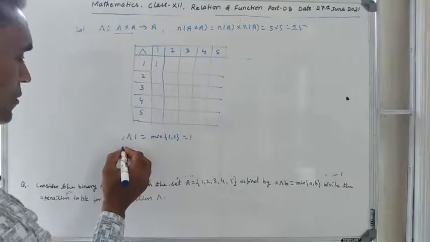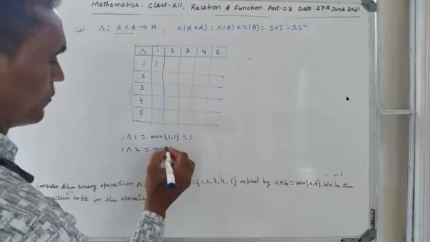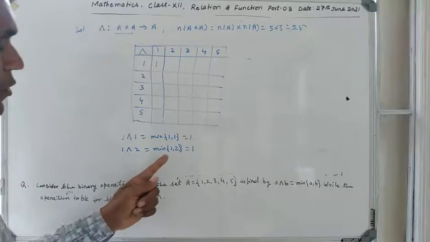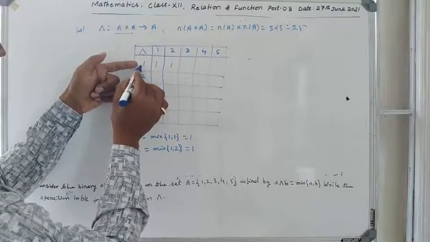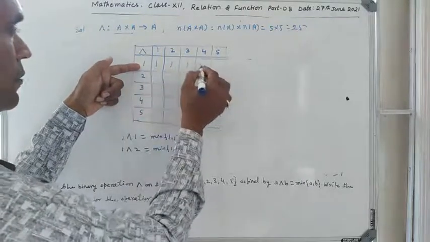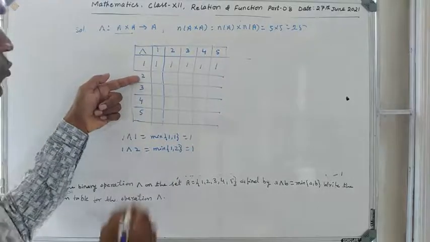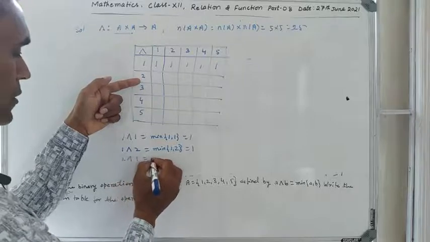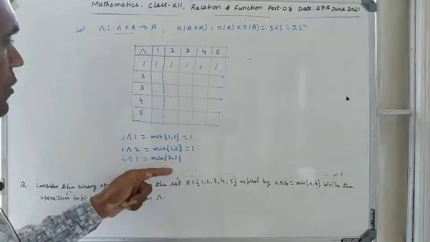Now (1, 2): minimum of 1 and 2 is again 1, because the minimum is 1. In the similar way, the image of (1, 3) is again 1, then 1 for (1, 4), and 1 for (1, 5). Now the image of (2, 1) is minimum of 2 and 1, again 1.